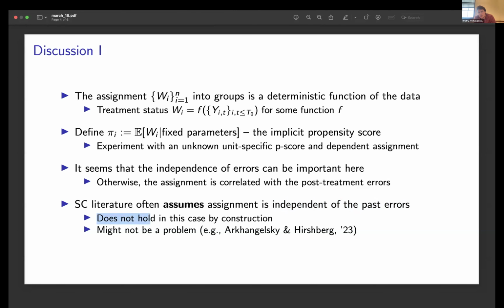We have work with David Hirshberg that shows that in a very different setup, but still it might not be a big deal that your treatment assignment depends on the past errors. So I don't know whether this is an issue or not, but the fact that people typically make this assumption in the synthetic control literature plays a little bit different role there than here. I think this is something worth emphasizing.